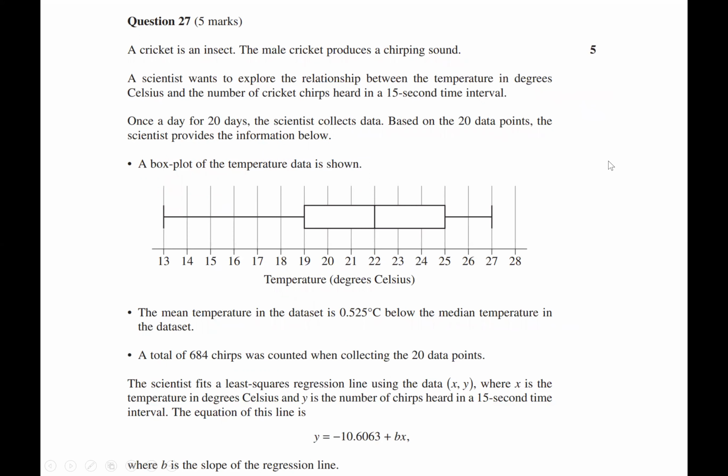Because as you read through this question, we've got the number 15, the number 20, we've got a box and whisker plot that goes from 13 through to 27 degrees. They're talking about mean temperature. They're talking about crickets chirping, 684 chirps for 20 data points. There's an equation down here. There's a least squares regression line mentioned. We've got B, the slope of the regression line.